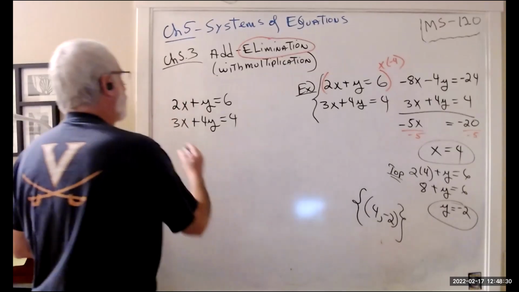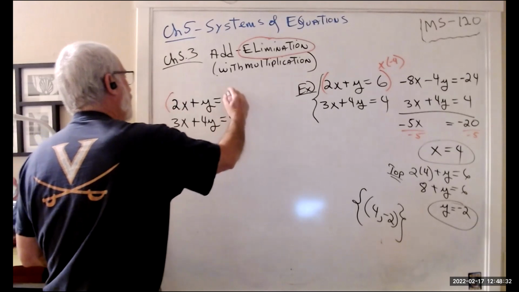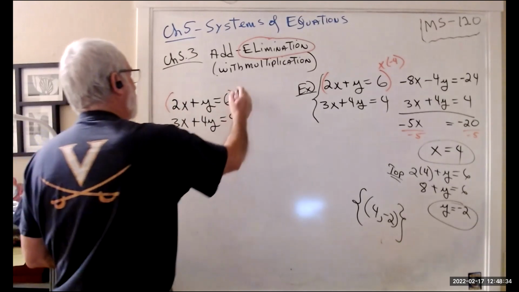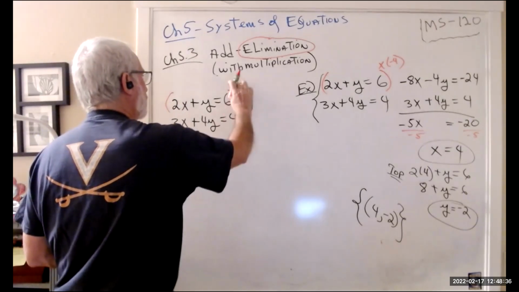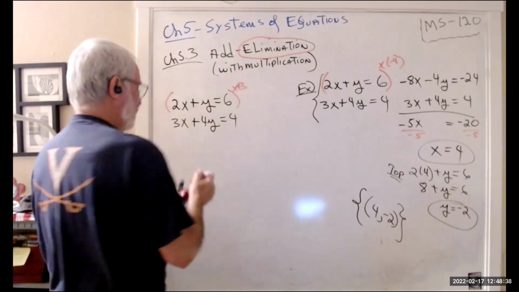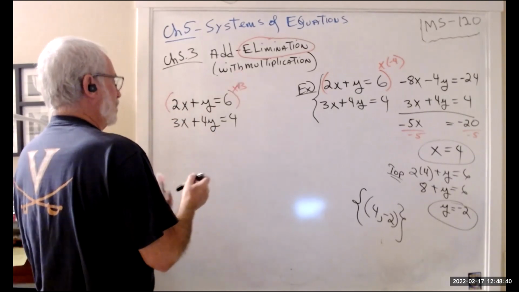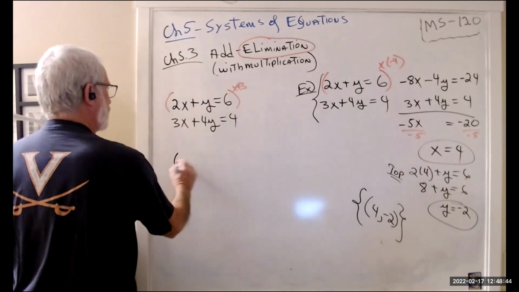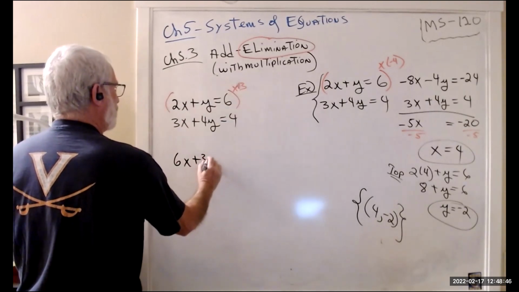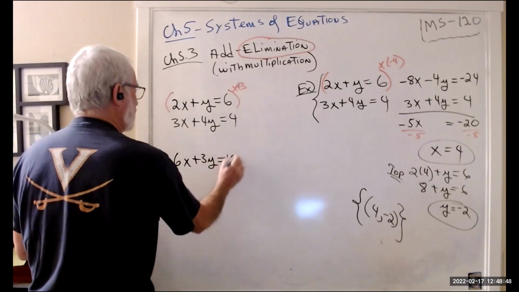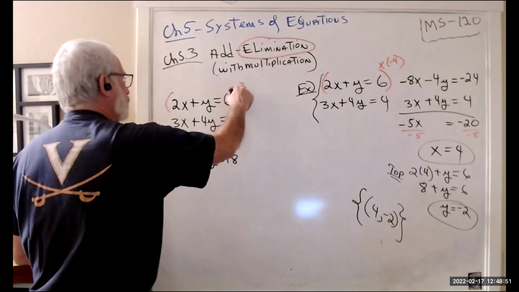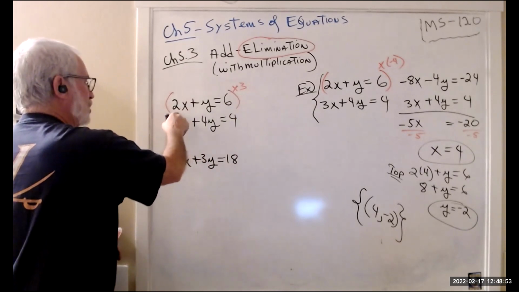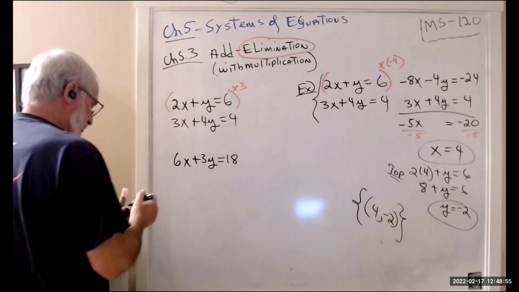What if you multiplied this top equation by 3? So I would get, let me do it down here, 3 times 2, that's 6x plus 3y equals 18. Top equation times 3: 6, 3, 18.